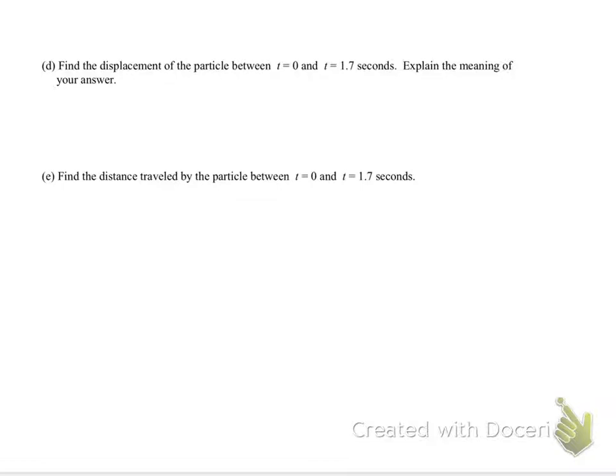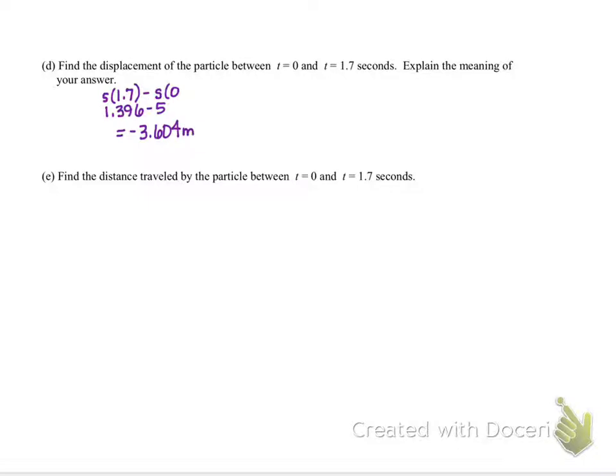I tend to notice it right away because that's a critical piece of information. So all we're going to look at with displacement is what we would typically think of as distance, and we're simply going to take our distance at 1.7 seconds and subtract our distance at 0 seconds. And we will see that our displacement, we moved to the left 3.604 meters.